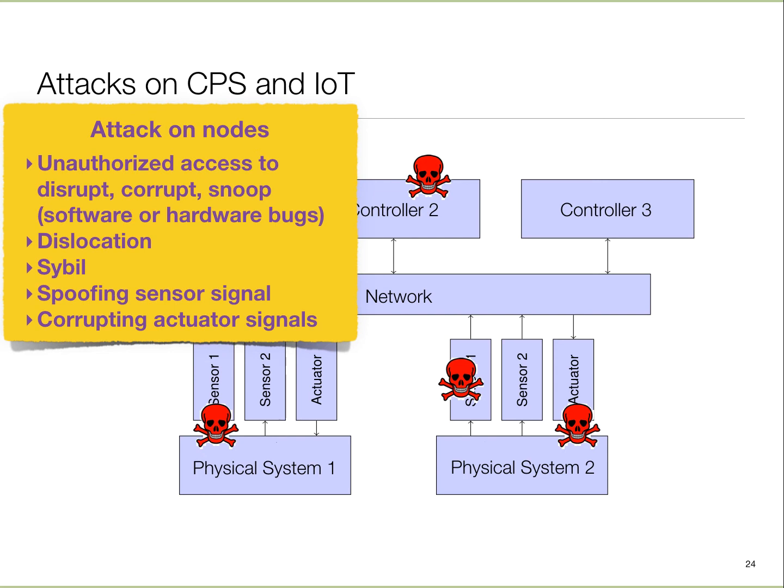For example, if it's a microphone, I can inject some other sound into it so that it thinks a different state. And then corrupting the actuator signal. I can literally jam the actuator and thereby cause problems.